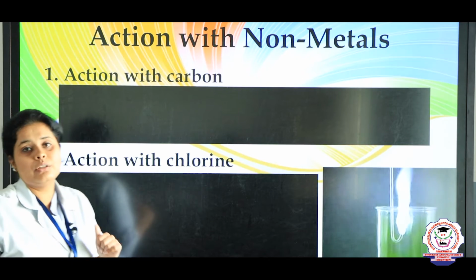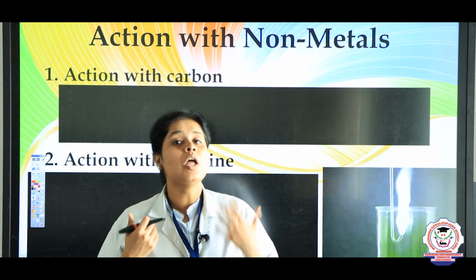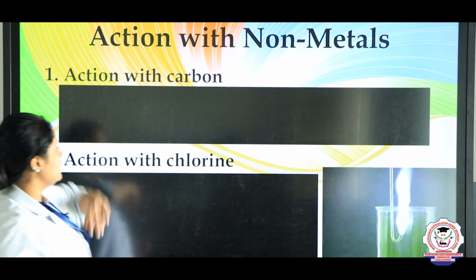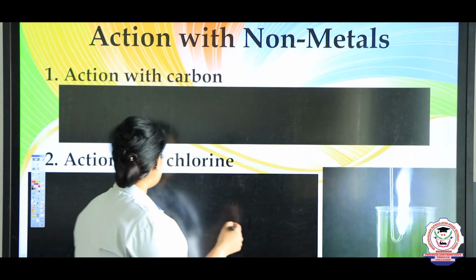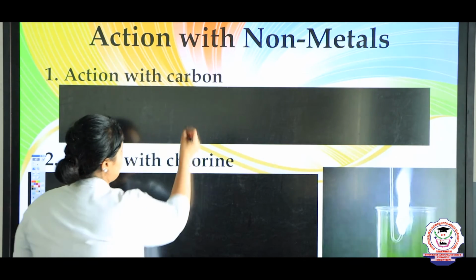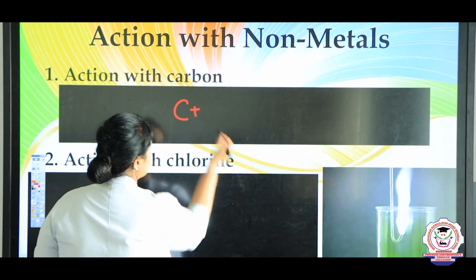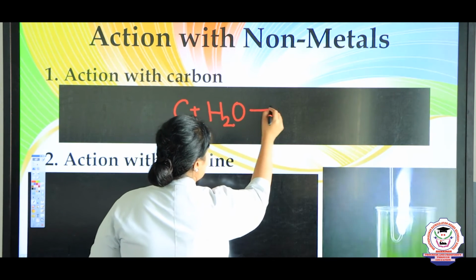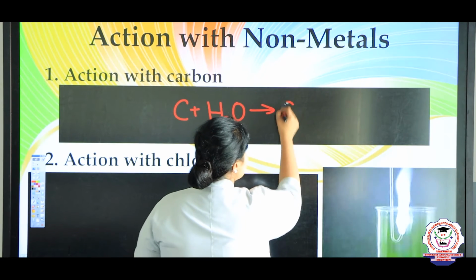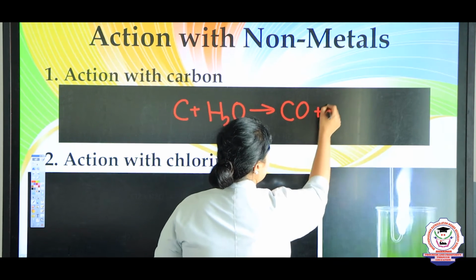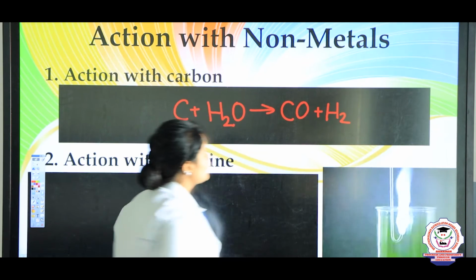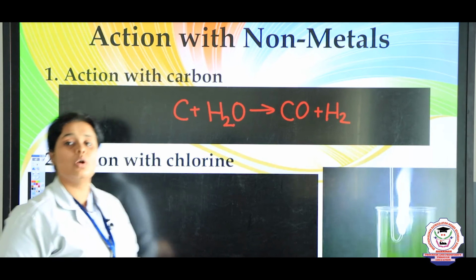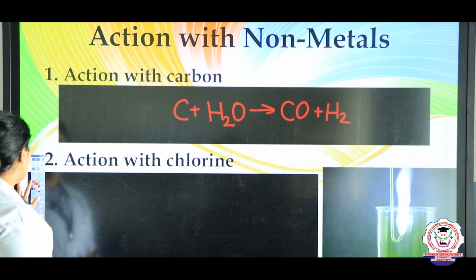Now let's see how the reaction will happen if you are taking a non-metal. The first non-metal which you are taking here is carbon. When you are taking carbon, the reaction will come as C plus H2O will give CO plus H2. So you can see that when carbon reacts with water, it will give carbon monoxide plus hydrogen.